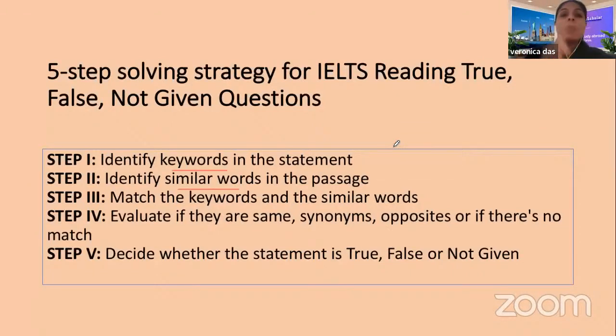The keywords will not be in the same form in the passage. They could be synonymized or paraphrased. Suppose they have written small. They could use a synonym of small. They can say short, right? They don't have to write small only in the passage.